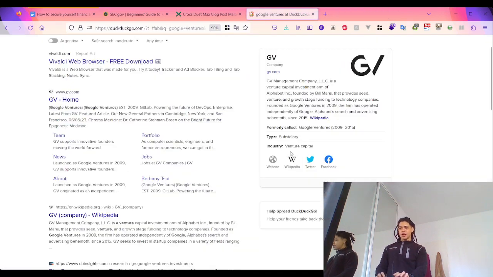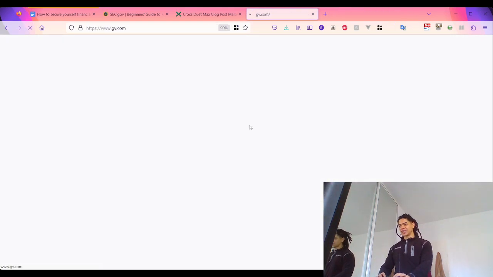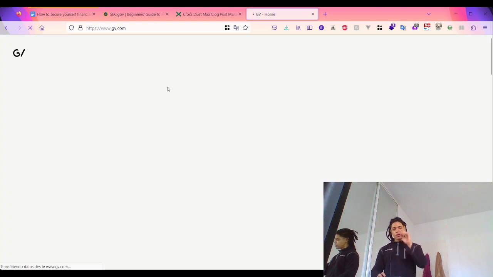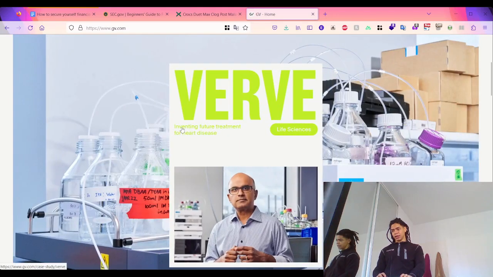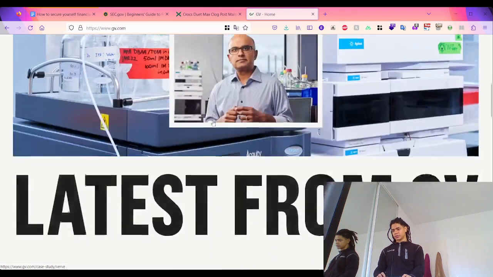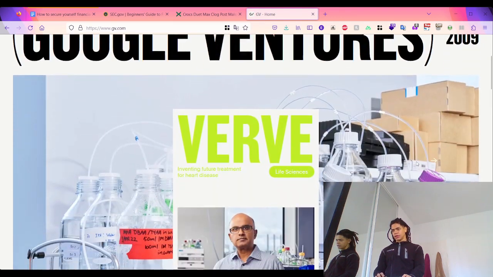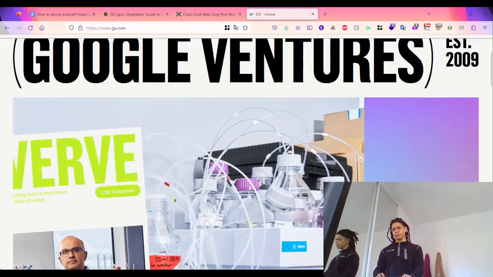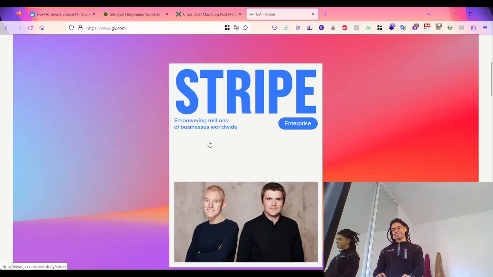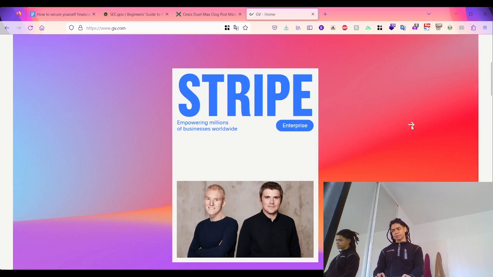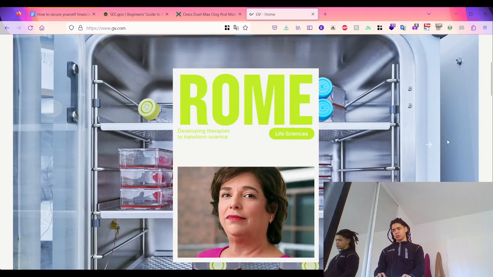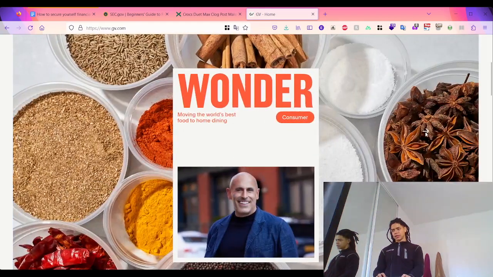So yeah, the Alphabet search and advertising behemoth. So this is an equity investment. Okay, Google Ventures: GitLab, Verge, inventing future treatment for heart disease. This is the first time I navigate to this website. Stripe, empowering millions of businesses worldwide. Rome, life inside, developing therapies of science.